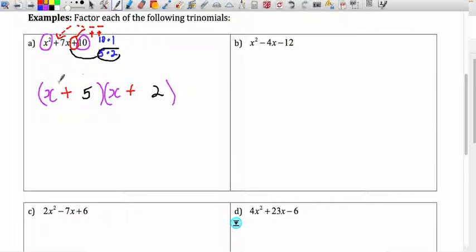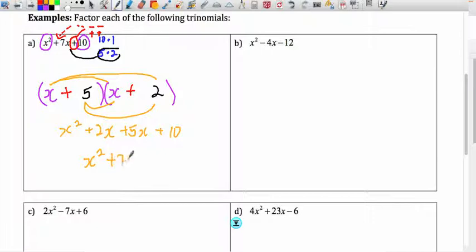If we wanted to check that our answer was correct, we could do a quick distribution. x by x is x squared, x by 2 is 2x, 5 by x gives us 5x, and plus 5 times plus 2 is plus 10, leaving us with a simplified answer of x squared plus 7x plus 10, which was what we started with, and that confirms that our factored answer is in fact correct.